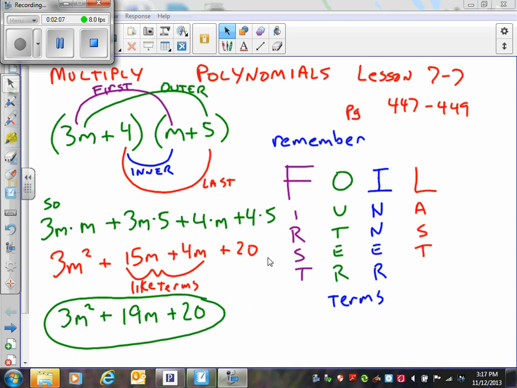But then you have to simplify because I have a pair of like terms, 15m and 4m, and 15m plus 4m is 19m. So the final answer is 3m squared plus 19m plus 20.